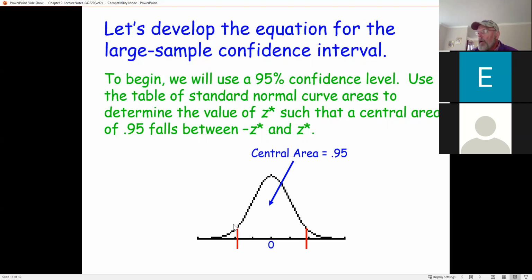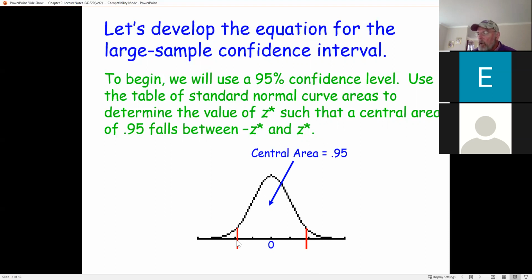All right, so 0.95 is the area between these two limits. The z-scores that go along with 0.95 are right here on the low end and right here on the high end.